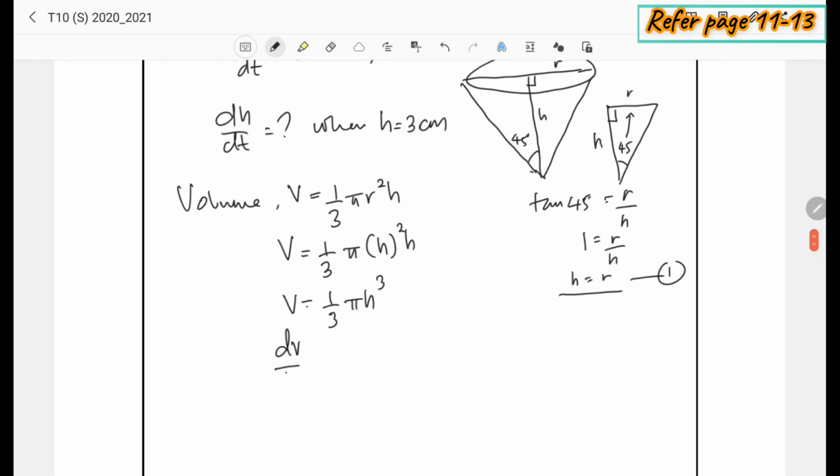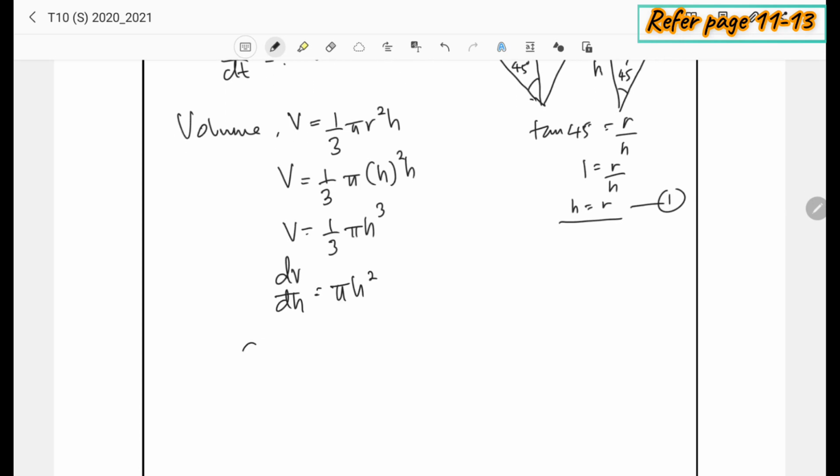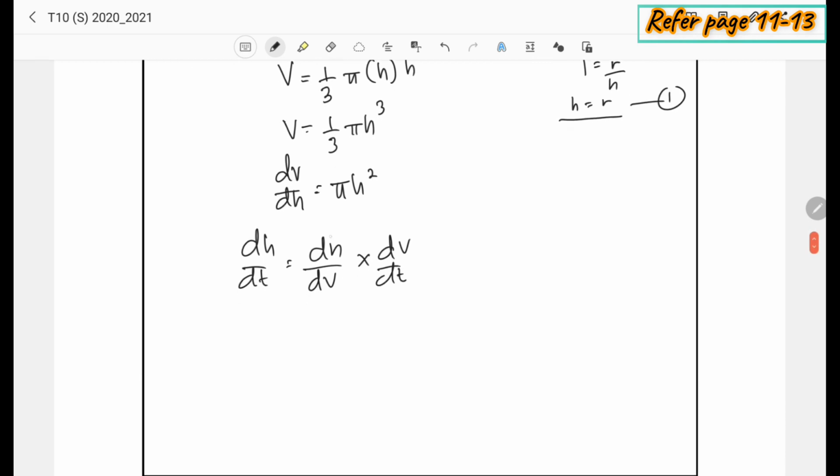So we get dV/dh, that will be pi h squared. dh/dt is dh/dV times dV/dt. So dh/dV will be 1 over pi h squared. dV/dt, substitute as 36 pi, so that is equal to 36 over h squared.